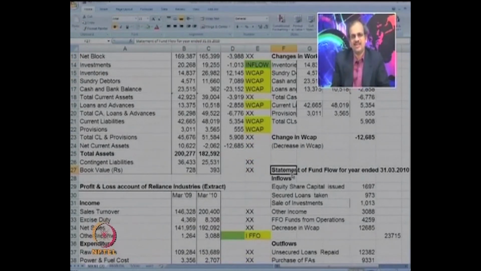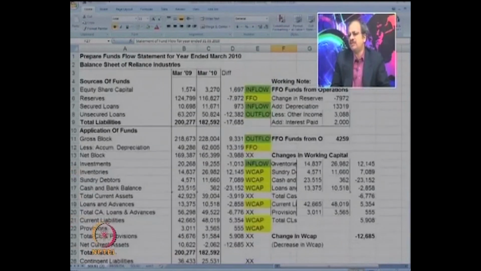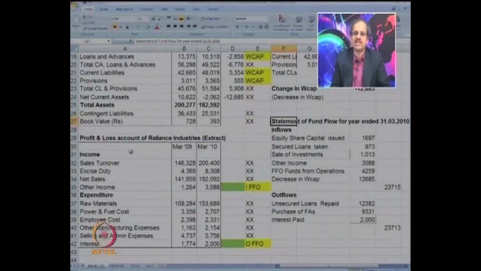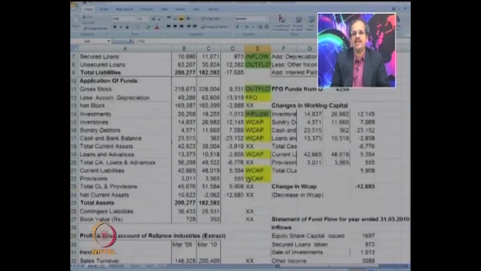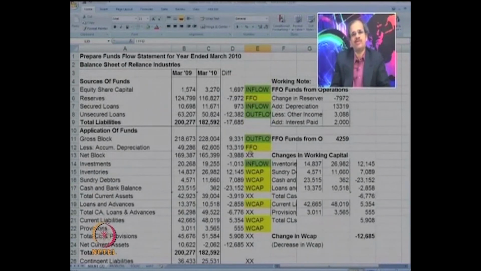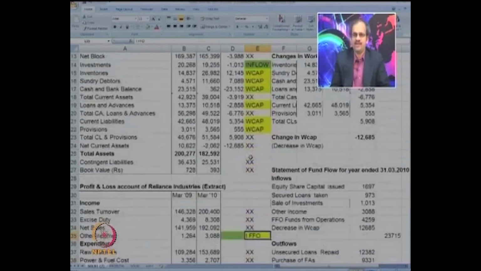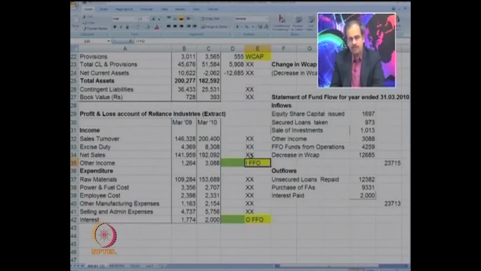I hope it's clear to everyone. Keep in mind that whenever you are doing profit and loss items, there are 2 adjustments required, and in the case of a balance sheet item, it has only one effect. Okay, so we will stop here for this particular topic.